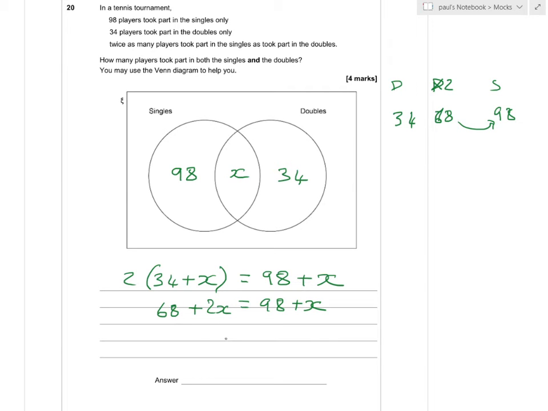Okay, so what can we do about this? We can take away an x from both sides, which will leave 68 plus x equals 98. Now take 68 away, so x equals 98 take away 68, which equals 30. So 30 people took part in both. Look, the difference between that and that is 30.